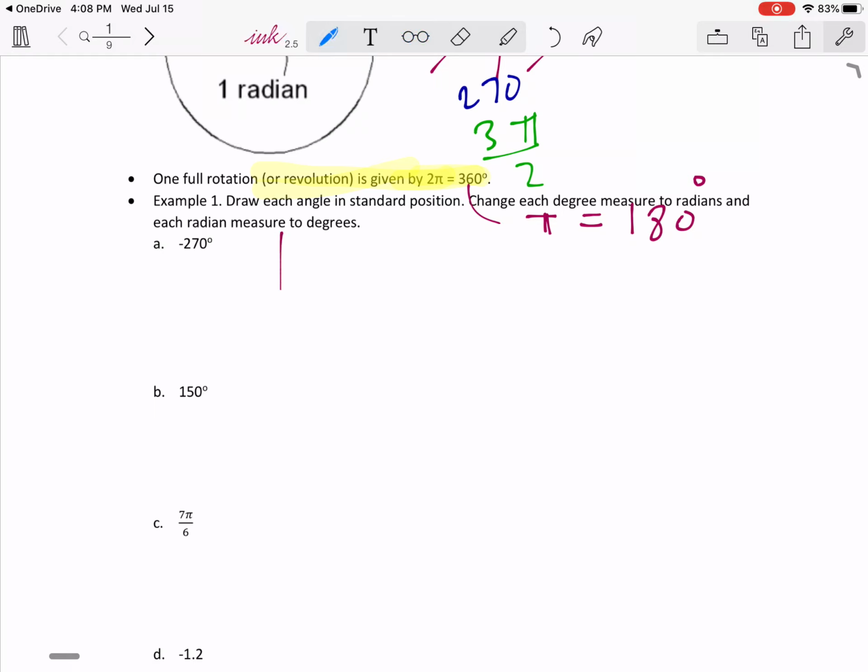So minus 270. The minus sign is basically saying instead of going counterclockwise, which is what we typically do, this would be clockwise. So you're going to rotate clockwise, beginning at 0 and going in the negative direction.